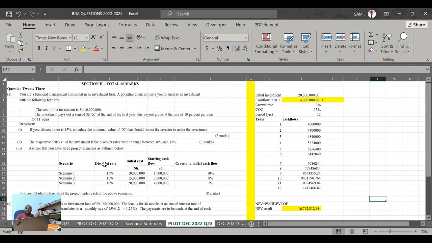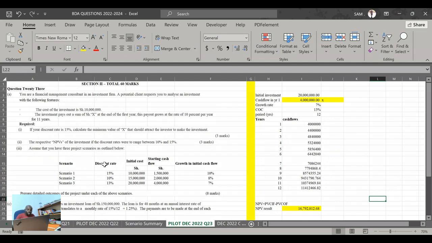Now you go a notch higher and apply scenario manager, where you are varying variables beyond 2, and all of them are being varied at the same time, and what is the effect on the output. And in this case here, the output was NPV.